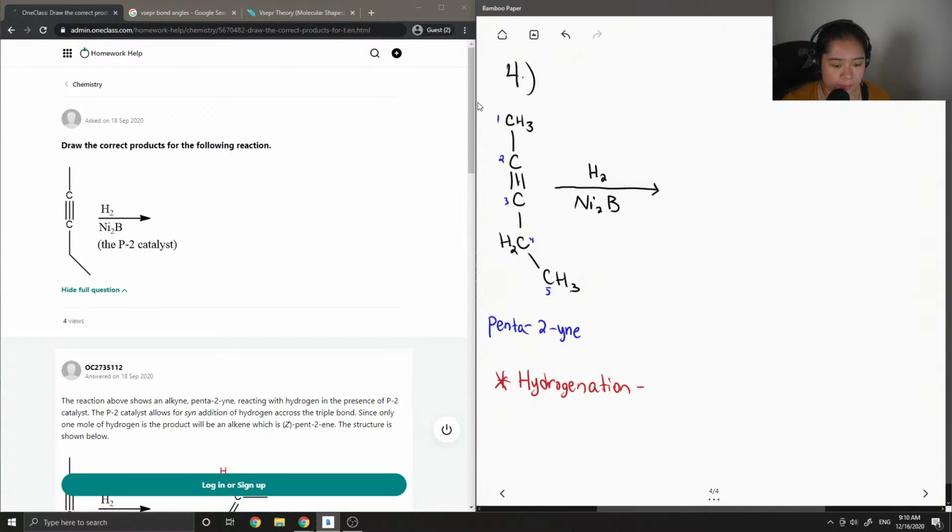But basically, when you have a hydrogenation reaction, this is the addition of molecular hydrogen, so the H2, across a double or triple bond.